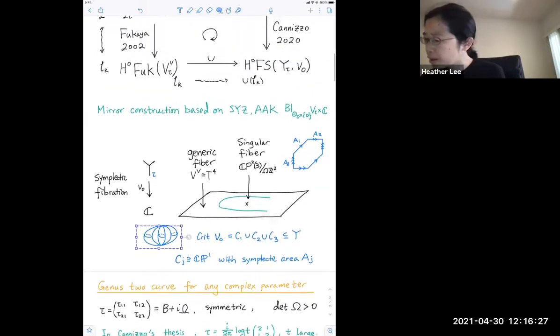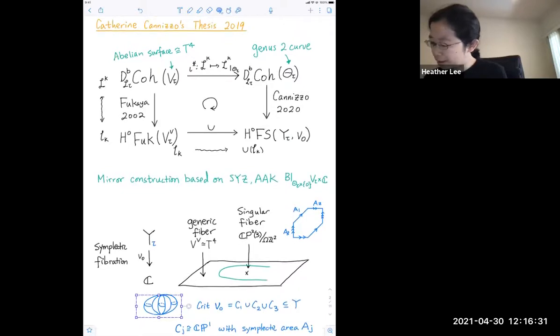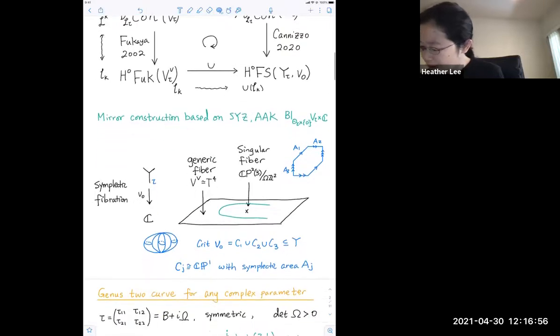So I think in her thesis, she had a symplectic structure on Y that was constructed depending on the symmetry that the 3 spheres had the same area. And now to allow them to vary, we have to use a different symplectic structure. So that's one of the new ingredients in our work.